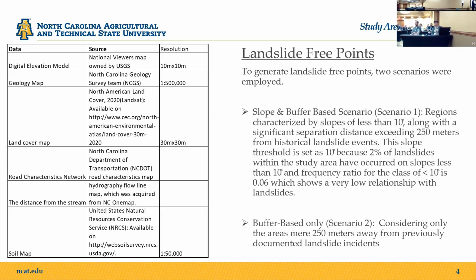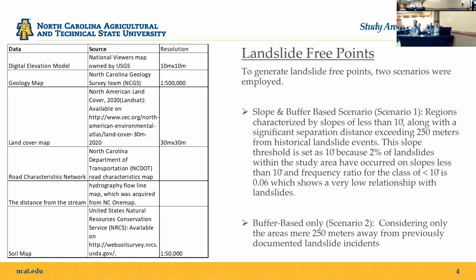The road characteristics are from the North Carolina Department of Transportation, and the distance from the stream is also gotten from NC1 Map. NC1 Map is a very powerful website by the North Carolina Information Technology Management team. Then the soil map was gotten from the United States Natural Resources Conservation Service.